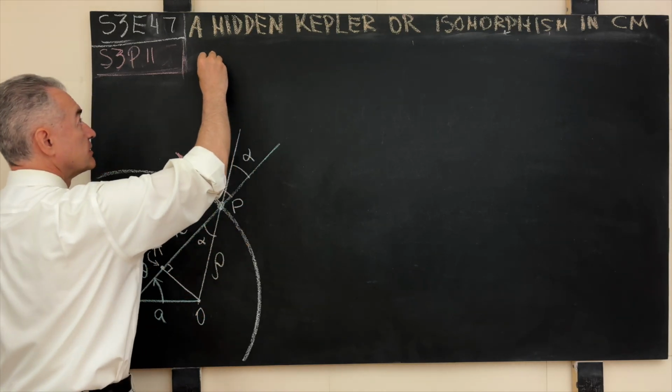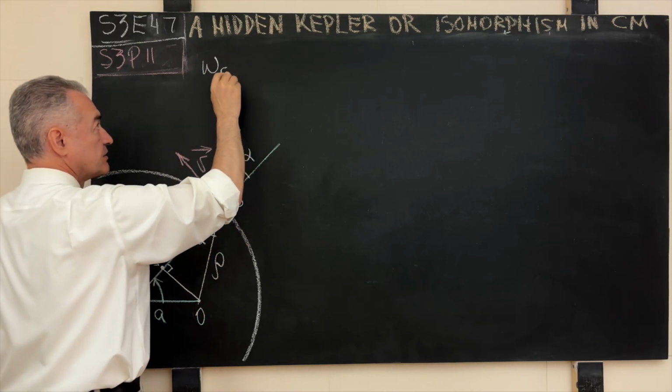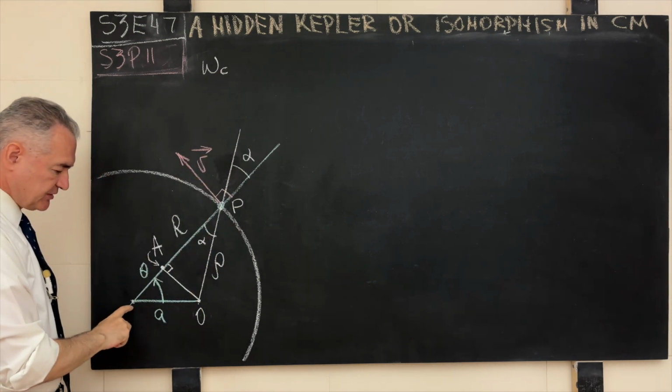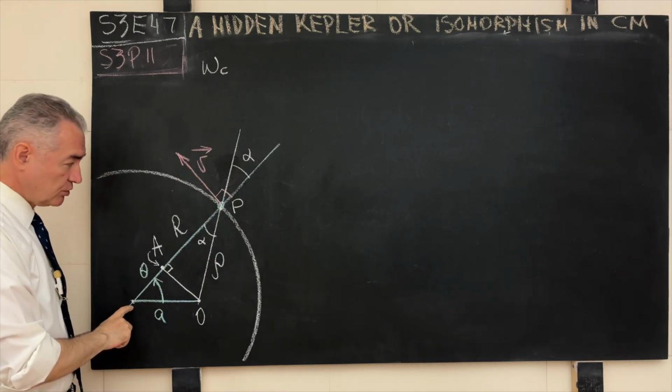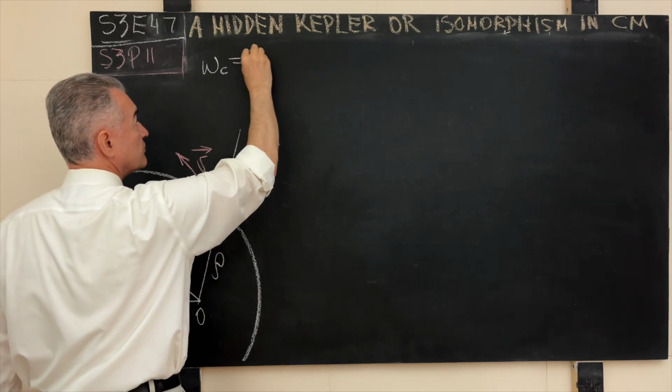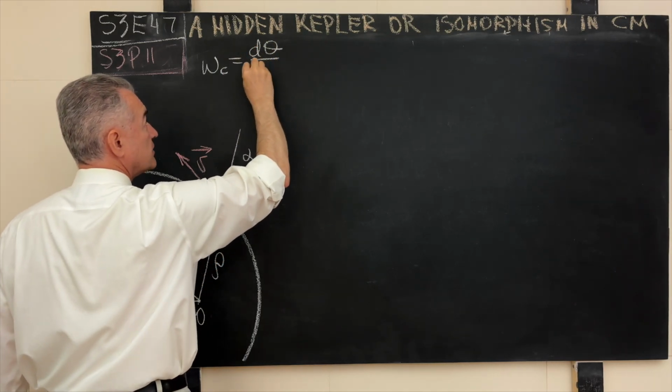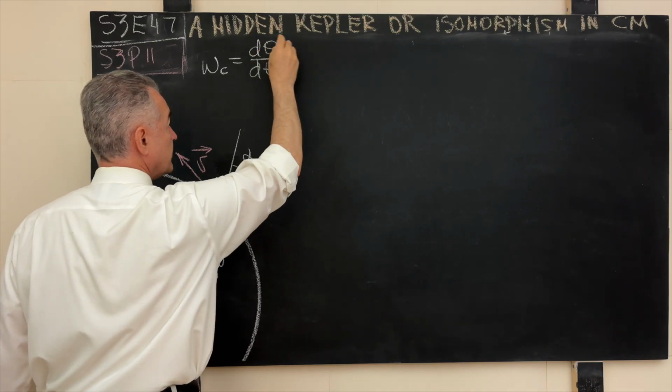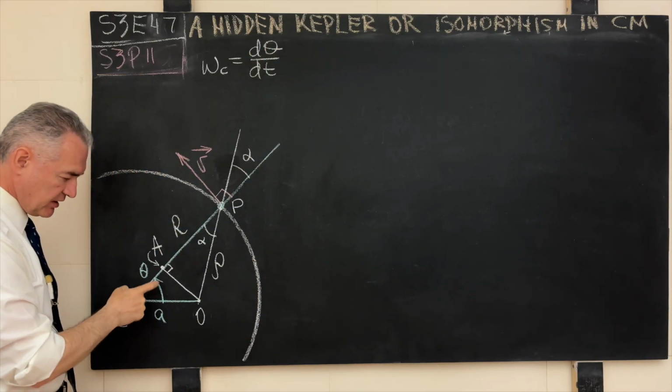You know that this angular velocity was designated with the subscript C just to make sure that we know what we're doing. It is the first time derivative of the angle theta over time, d theta over dt, and this is the angle theta.